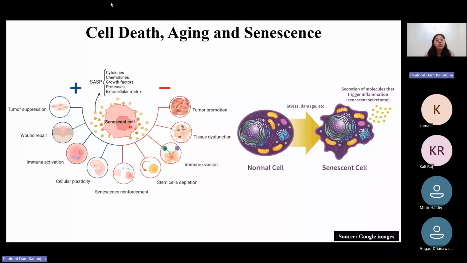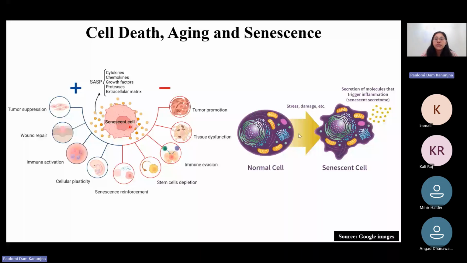If you remember, apoptosis is also called programmed cell death, and the programmed is because of this reason. First it is detected, and then there is a series of reactions, pathways, which take place to ultimately kill the cell.